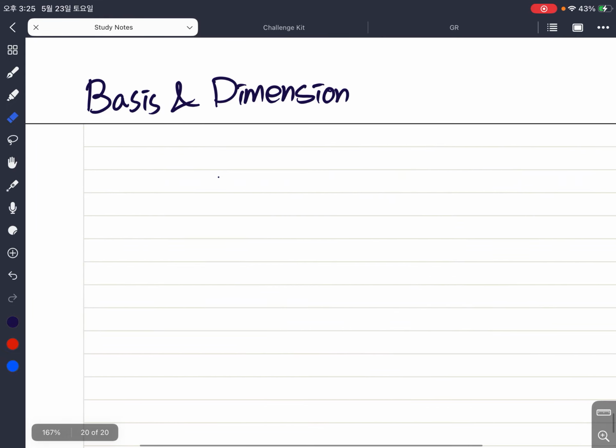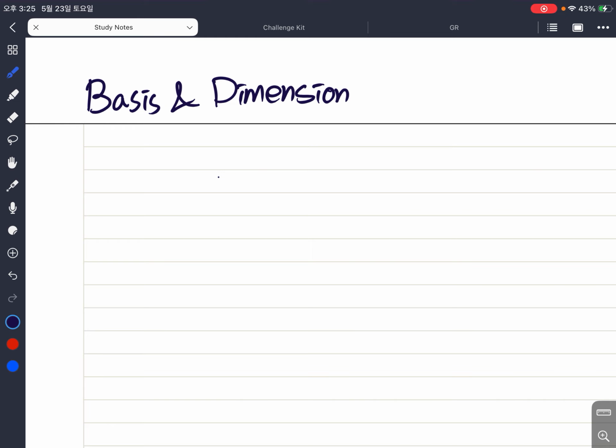Okay, today I explain basis and dimension, because I assume you are familiar with multiplication and addition and how important they are. I just skip the heart symbol for scalar multiplication, as in normal books.